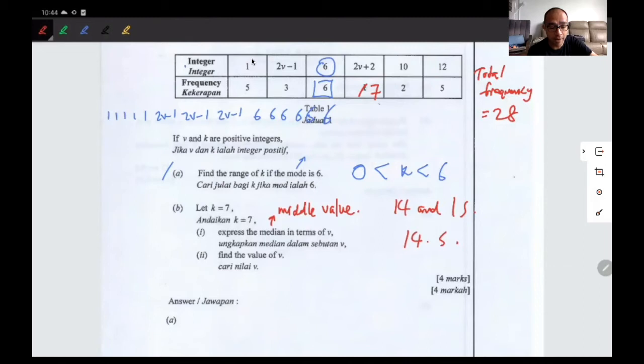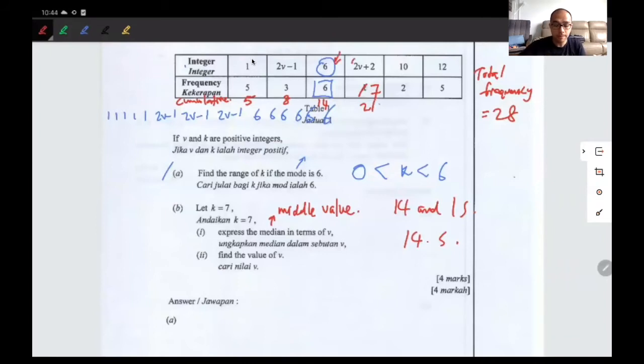So this is 5. This is 8. Our cumulative frequency, yeah. Cumulative frequency 5, 5 campur 3, 8, 8 campur 6, 14. 14 campur 7, 21. That means yang ke-14 is 6, yang ke-15 is 2V plus 2.